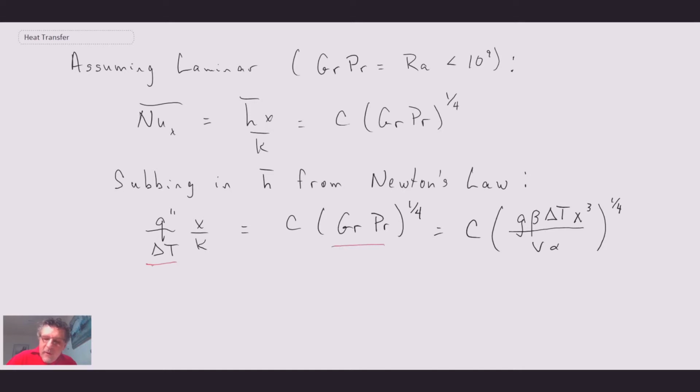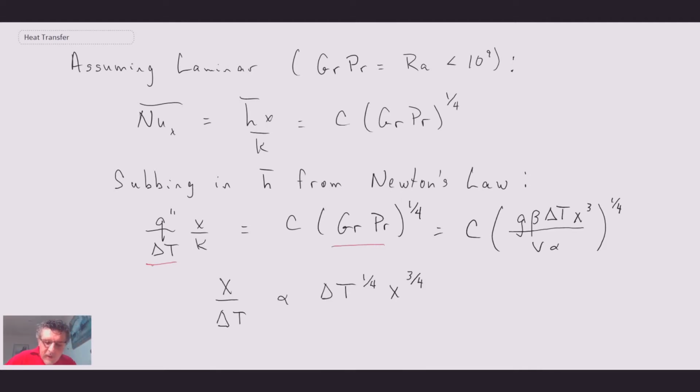And I want to come out with a relationship from this equation between x and delta t. So I'm going to do a little bit of rearranging, and we'll work towards this relationship between delta t and x.